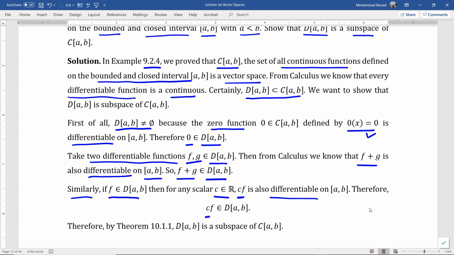Therefore, cf also belongs to the set D. This proves that the set D is closed under scalar multiplication. Therefore, by theorem 10.1.1, the test for subspace, the set D is a subspace of the vector space of all continuous functions. This concludes the proof.